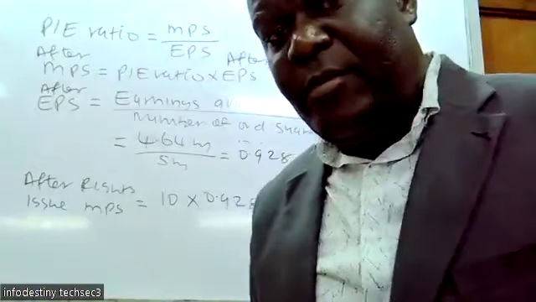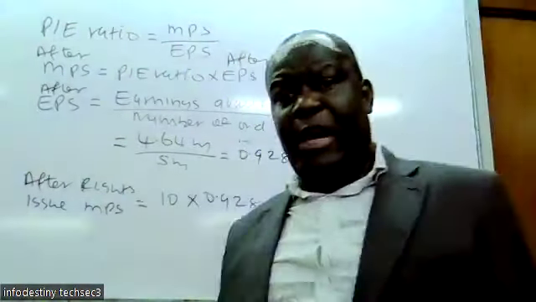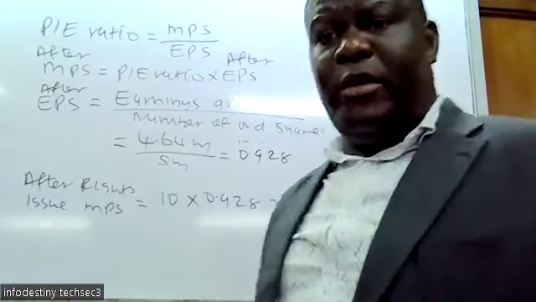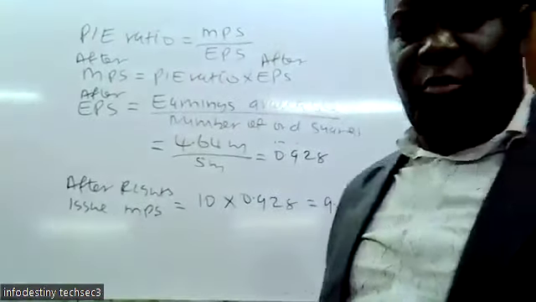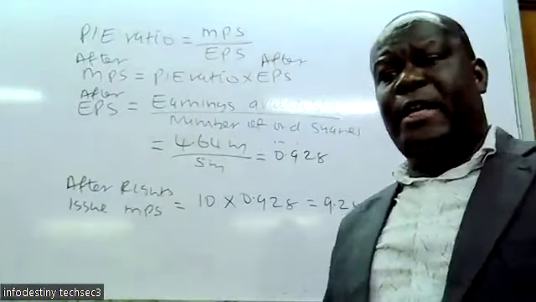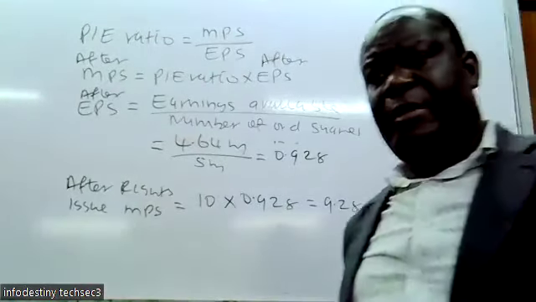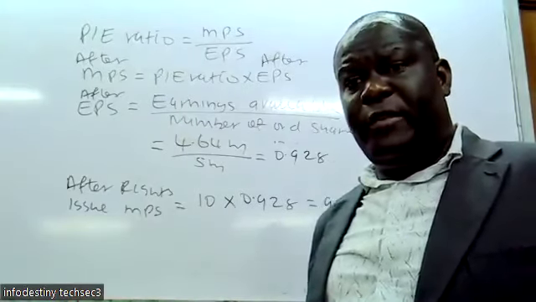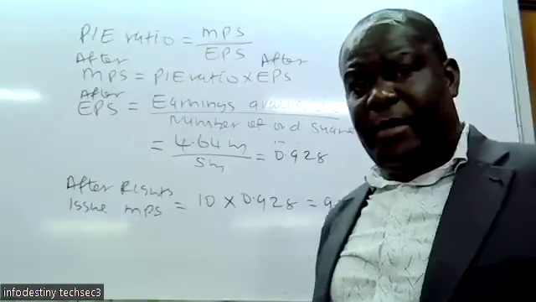Then there are some notes I will send to the class group about working capital management. Make sure that you get those notes, because once we finish the right issue, we shall go to working capital management. I will also send you some notes on the sources of finance and introduction to financial management.